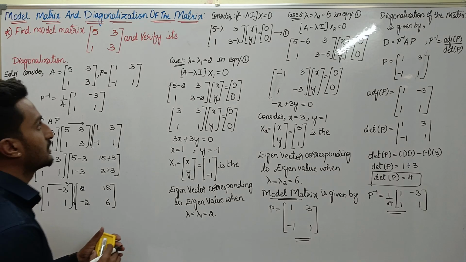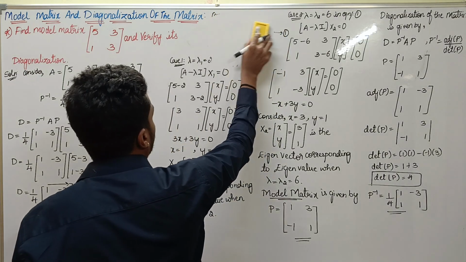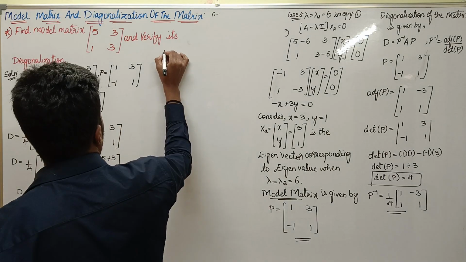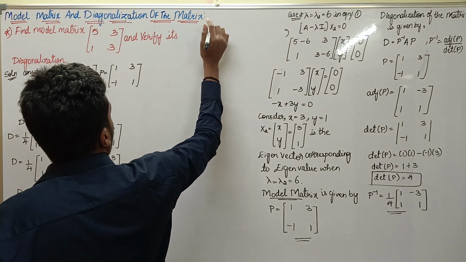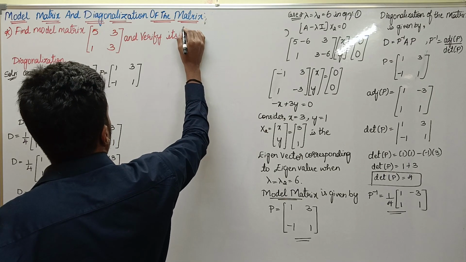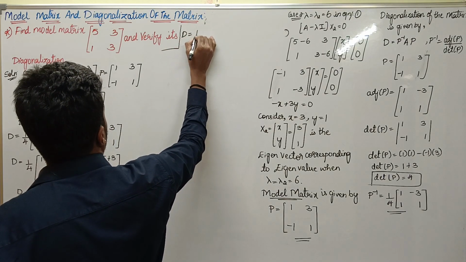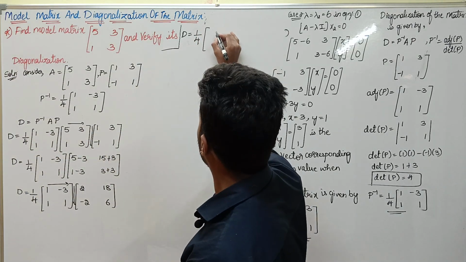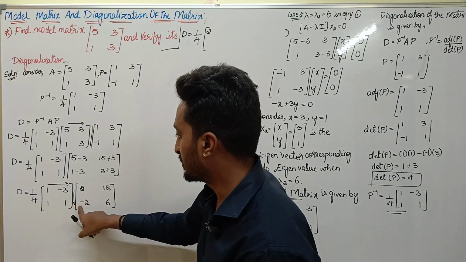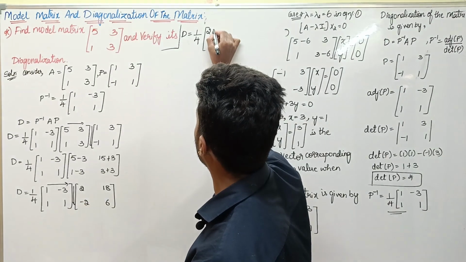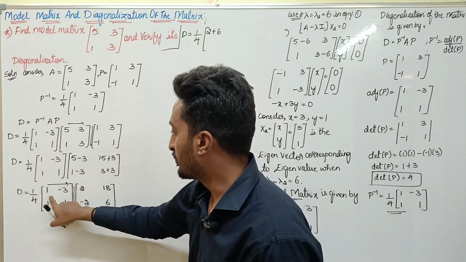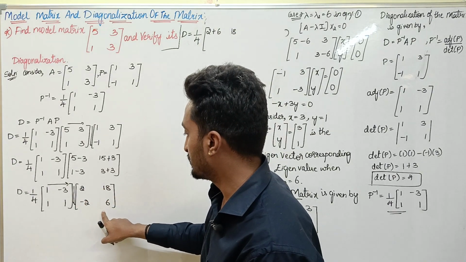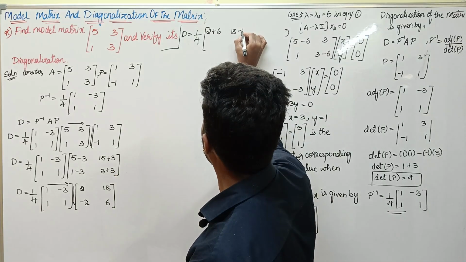Now what we are going to get, let us erase this part. Okay, I need some space. D is equal to 1 by 4 into: 1 into 2 is 2, minus 3 into minus 2 is plus 6, done. Now 1 into 18 is 18, minus 3 into 6, 6 threes are minus 18.